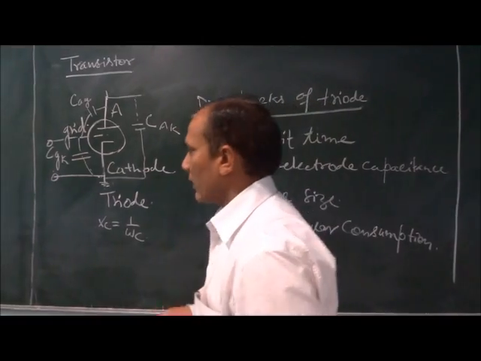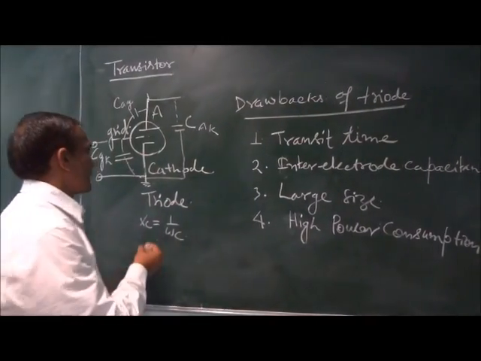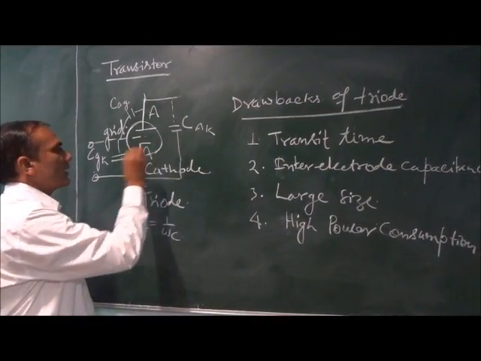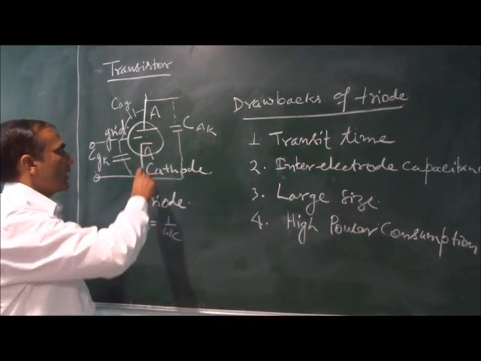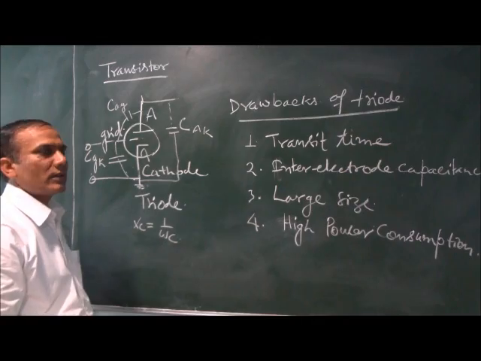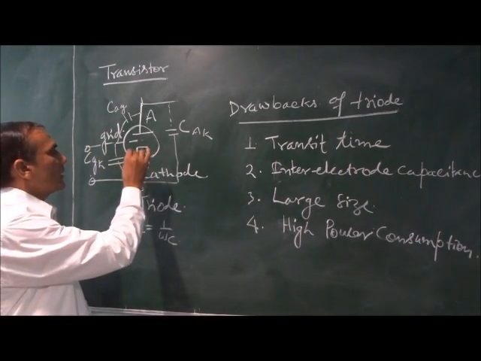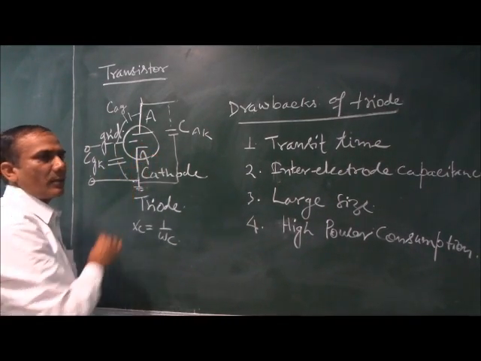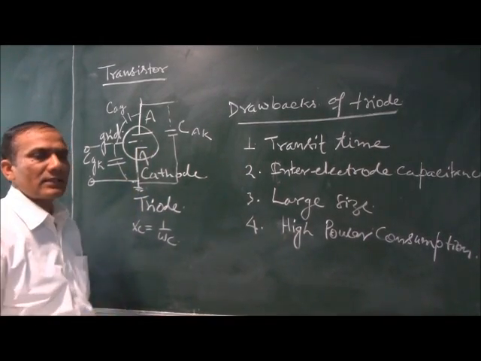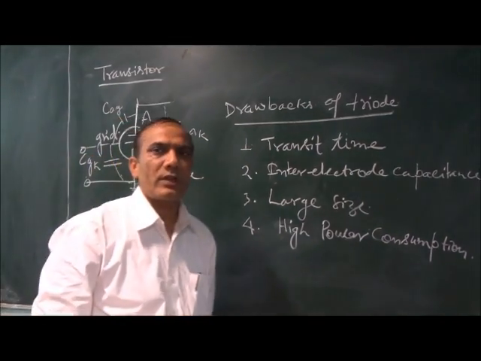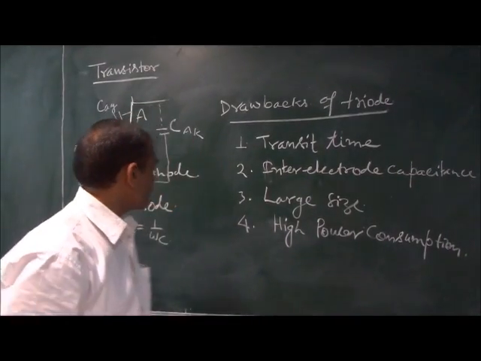As the size was very large and it had a heating element, the filament had to be heated up first. Before making the triode operational, the filament was given supply, then it heated the cathode, so it took some time to come to the ready condition.